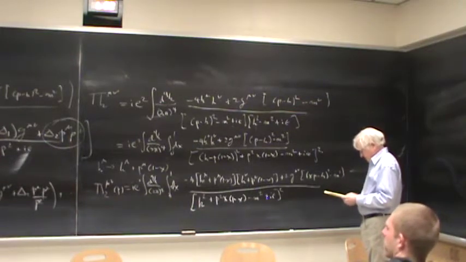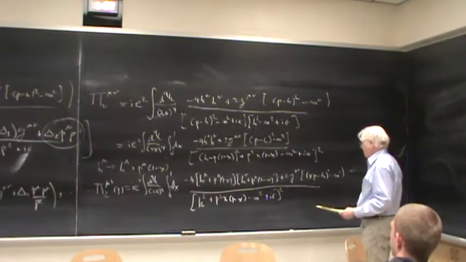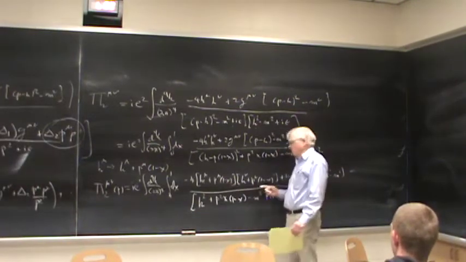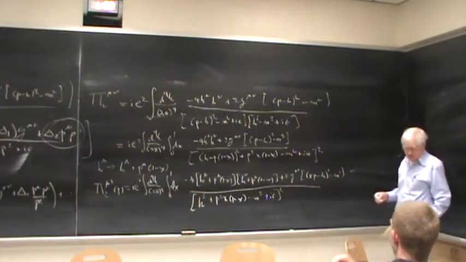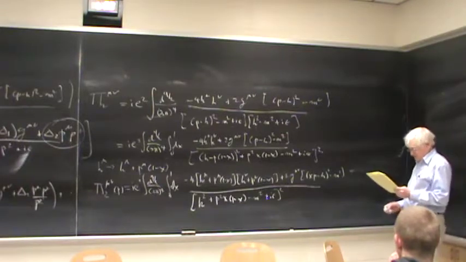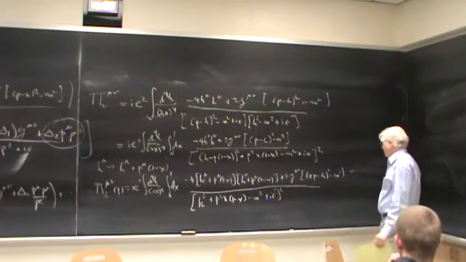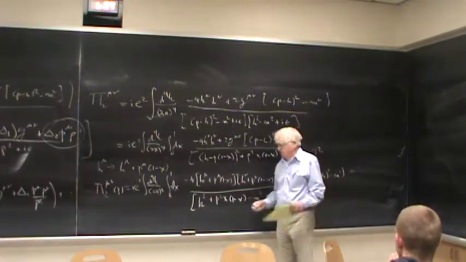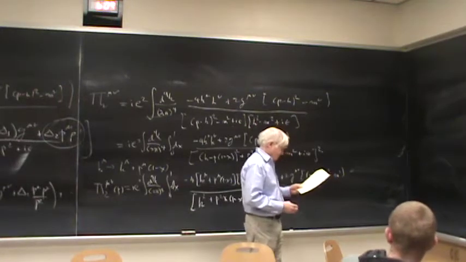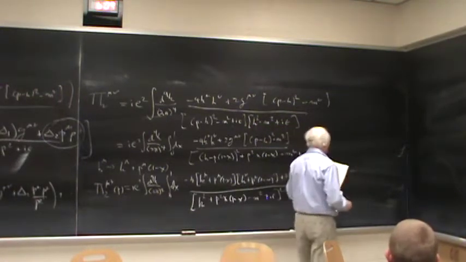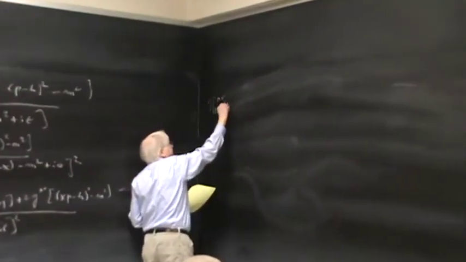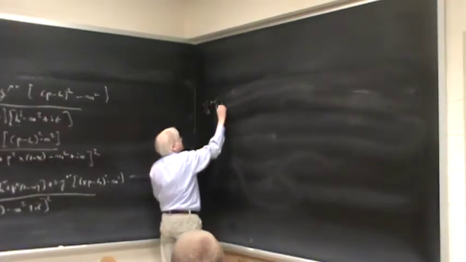All right, so let me see. Now, there are a lot of terms up here. Once again, a term that's p mu, p nu, when you put it between conserved currents, that's going to go away. In fact, any of the p nu ones are going to go away. And so what we're going to keep is the g mu nu and the k mu k nu. So we should call this pi hat, but instead we just go on as if nothing happened and write it this way.